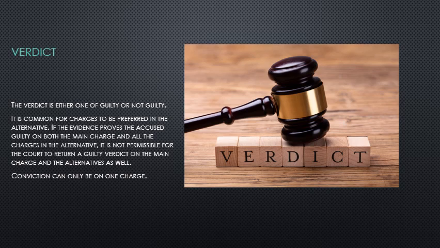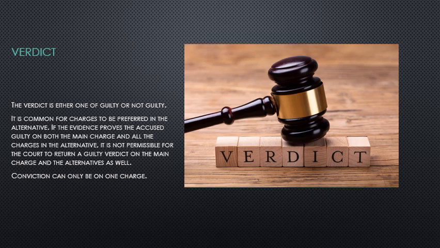If the evidence proves that the accused is guilty on both the main charge and all the charges in the alternative, it is not permissible for the court to retain a guilty verdict on the main charge and the alternative as well. Conviction can only be on one charge, right? So that is straight to the point stuff.